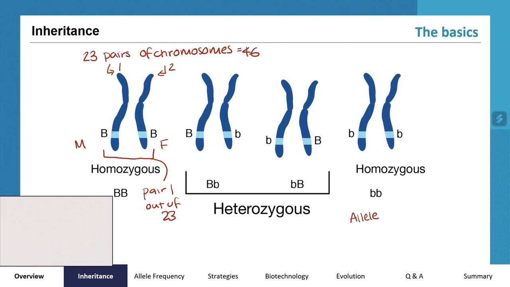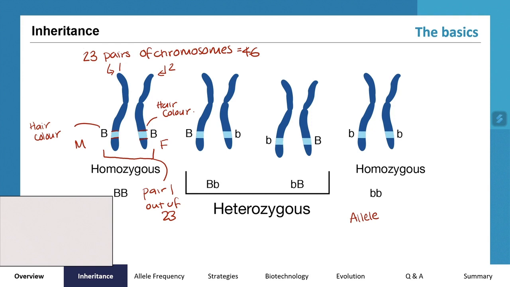For example, this gene that is highlighted here, gene number B, could be the gene for, I don't know, hair color, as an example. And this is the hair color gene that you've inherited from your mother. The hair color gene that you inherit from your father is on the exact same spot and position as the corresponding chromosome.